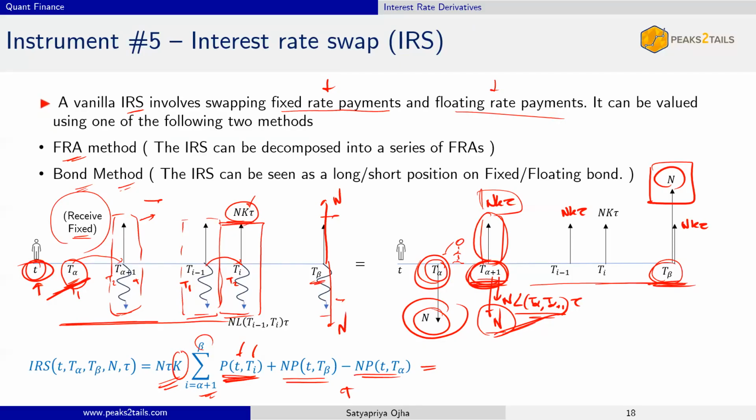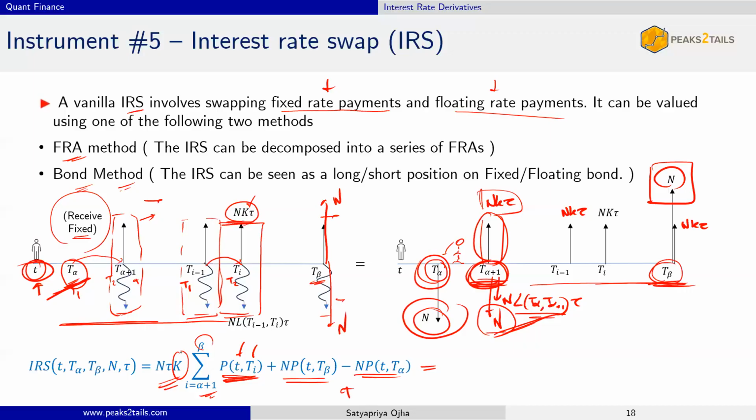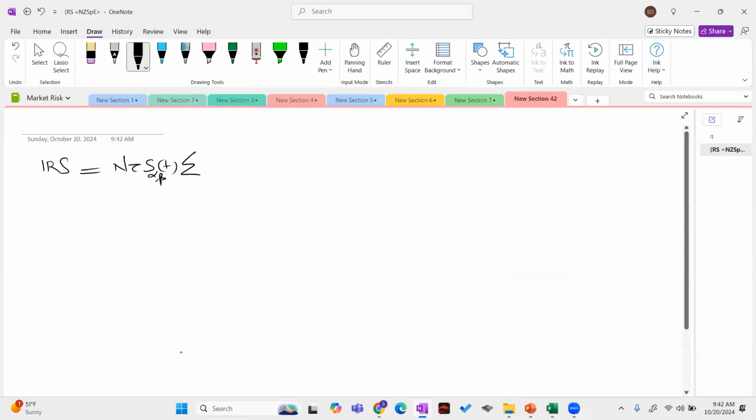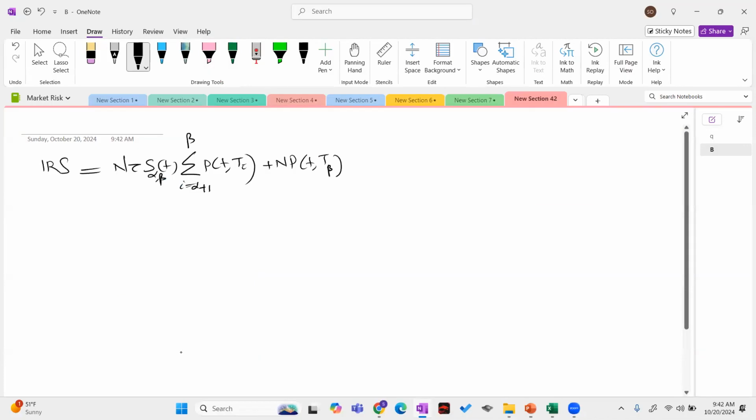I'm saying it is the hypothetical fixed rate coupon, so let's say that is S. This is some hypothetical fixed rate at time t, the valuation date, such that P(t, T beta) minus n P(t, T alpha), this valuation is zero.